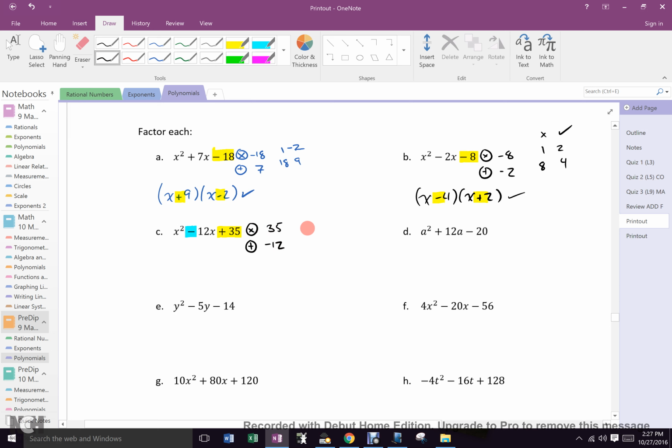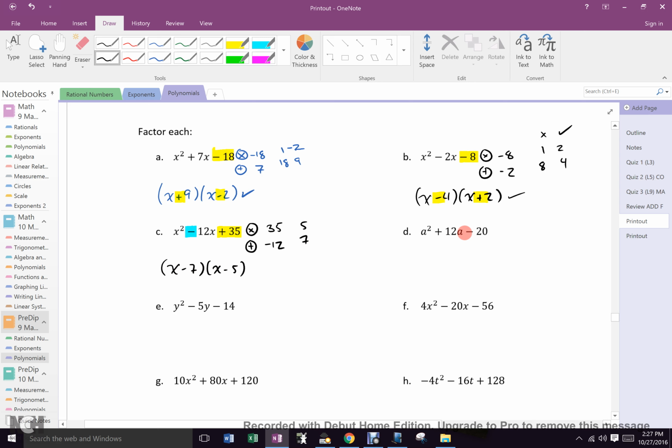Is it 1 and 35? No. Is it 5 and 7? Yes. Negative 7 and negative 5. When the last term is positive and the middle is negative, it has to be negative, negative. Right?